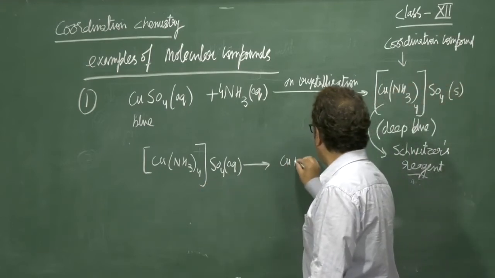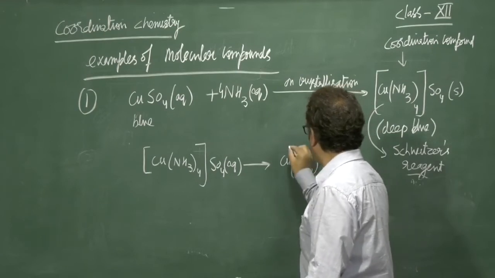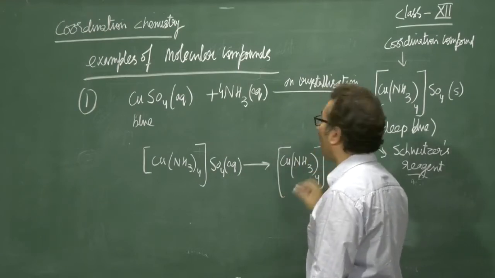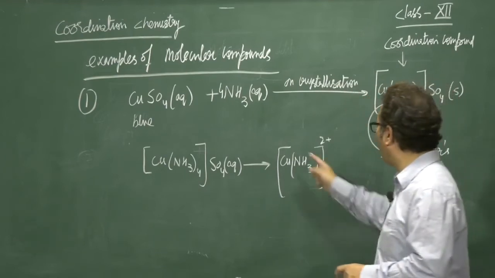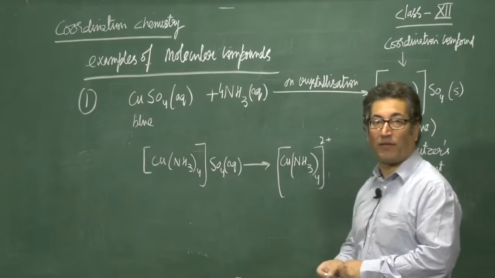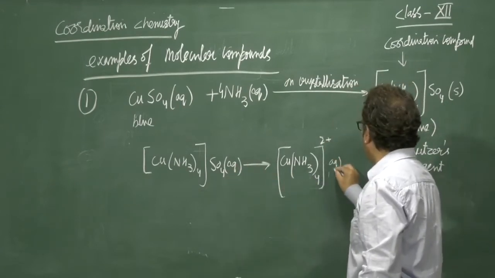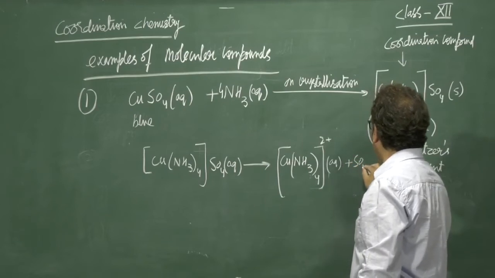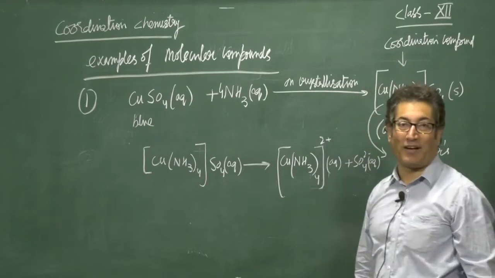It will give you [Cu(NH3)4]2+. This copper and ammonia will not break because they are present as a single entity. That's why this single entity is put within square brackets. And the parts present outside the square brackets will be ionizable. Sulfate ion will dissociate, but it has not broken into copper ions.